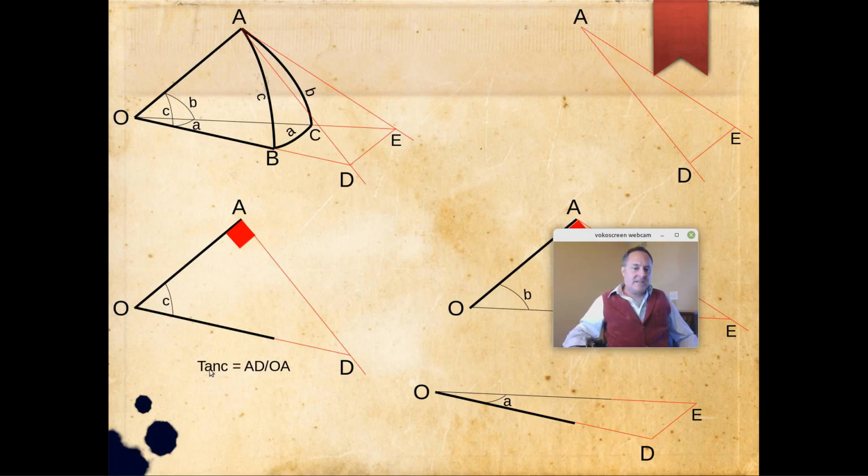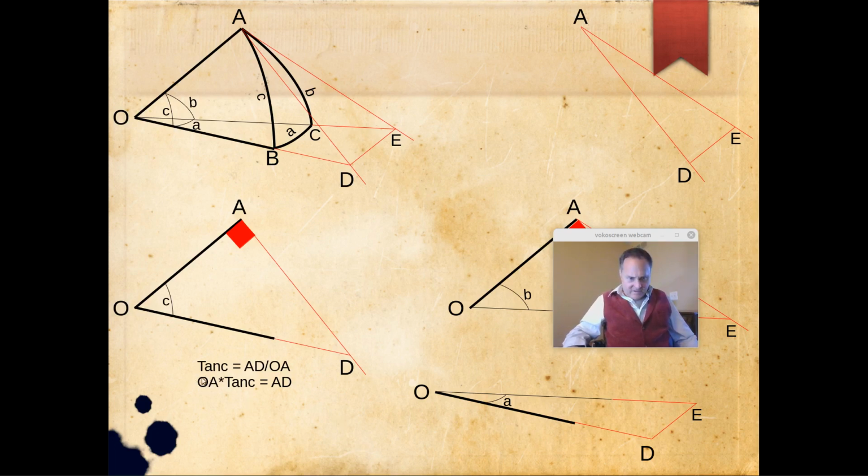And so the tangent of C, the tangent is the y dimension divided by x, or what we would call the upright side, the opposite, over the base, the adjacent. And so it's AD over OA. Study the diagram in your head. Try to flip the triangle into standard position to see it better. But it's AD over OA, so OA times tangent C, and OA represents a linear distance.